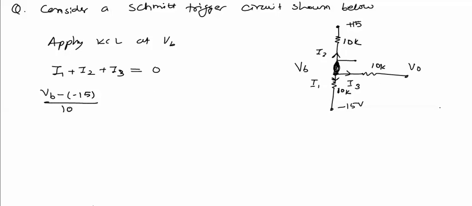Now divided by 10 kilo ohm, plus I2, this current will be VB minus 15 divided by 10k, plus I3 will be VB minus V0 divided by 10k, equal to 0. Now the denominator of all three terms is the same, so it will be taken in common and shifted to 0.